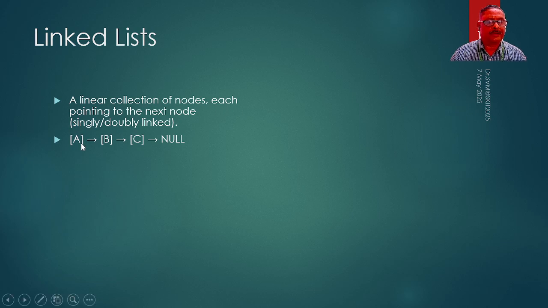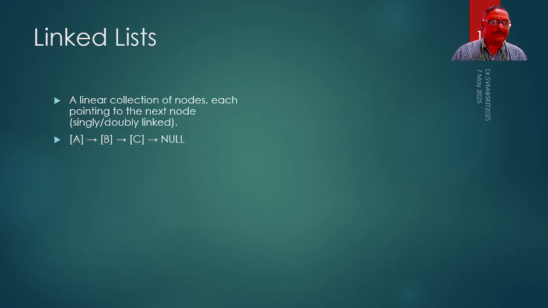So it says we have A here, then next item is B, next item is C. So we don't have to keep A, B, and C all in the consecutive locations in the memory. They can be anywhere in the memory, wherever possible.